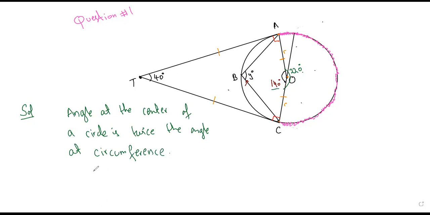So if the central angle is 220 degrees, y is going to be half of that, and that is 110 degrees. So is this okay now, Manur, Rania, and Saneem? Yes. All right, okay, that is good.